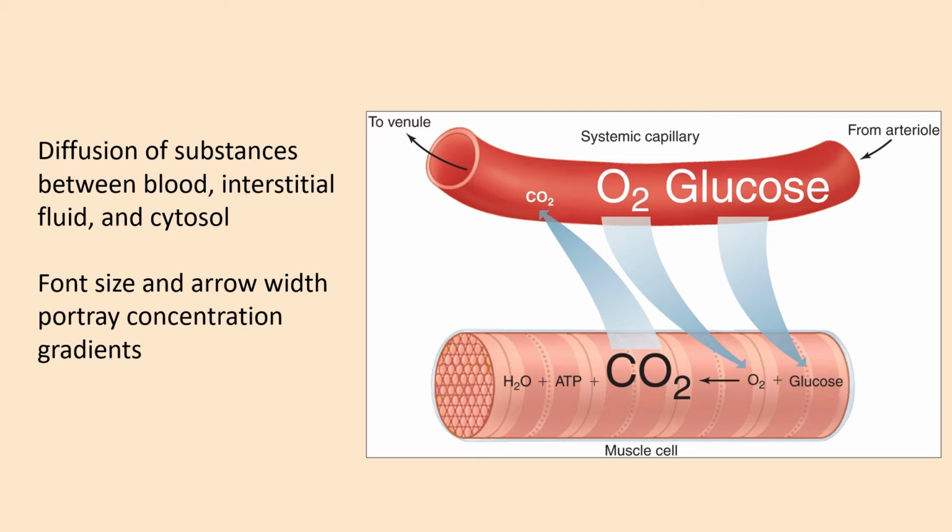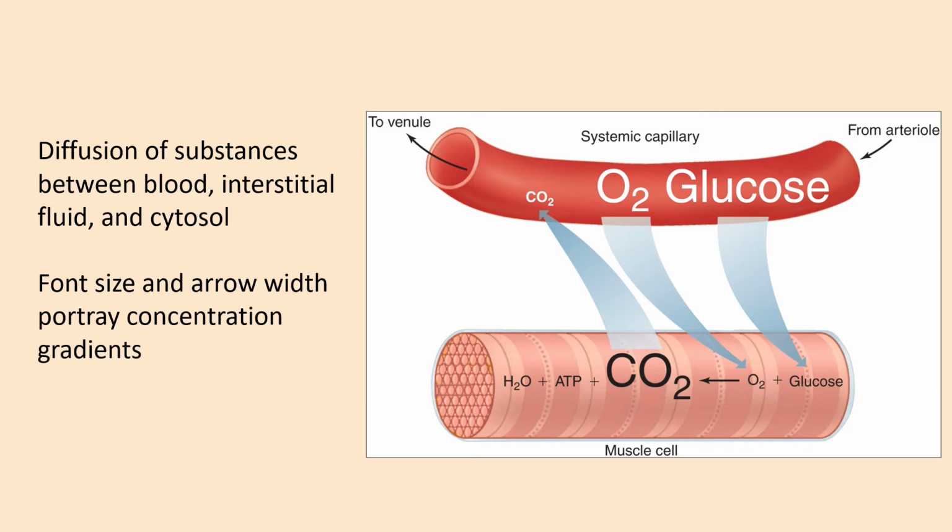Moving to the right, we see oxygen. Oxygen is plentiful in blood that enters a capillary, and as shown by the grayish-blue arrow, there's a concentration gradient between blood inside the capillary and interstitial fluid, and furthermore, there's an even lower concentration of oxygen inside that muscle cell. Remember, inside cells, oxygen is used to produce ATP.